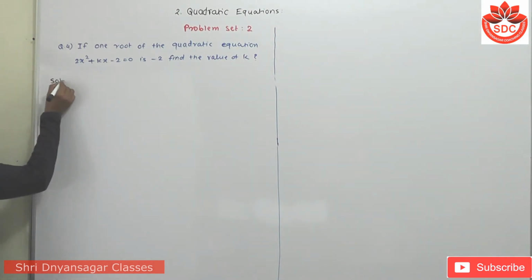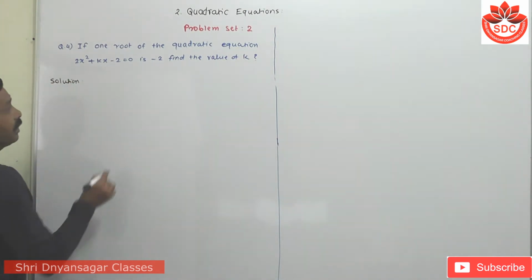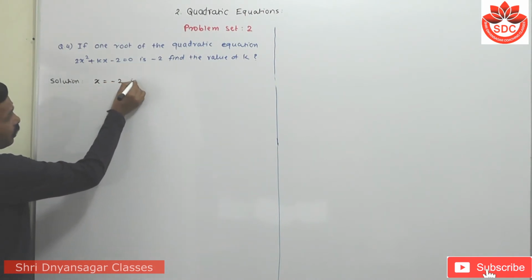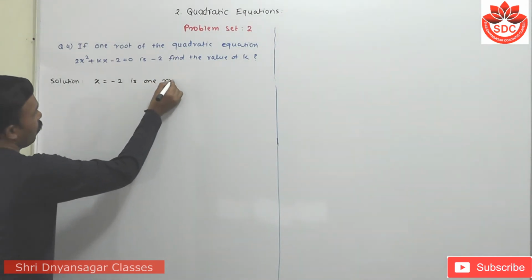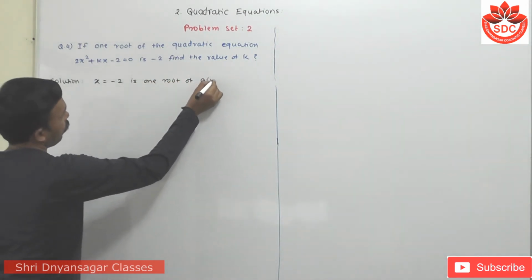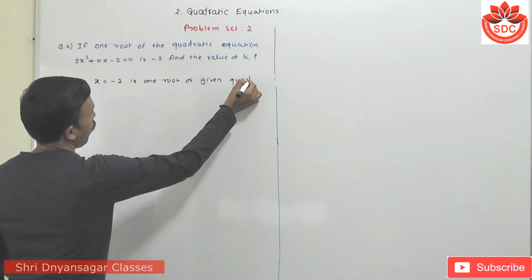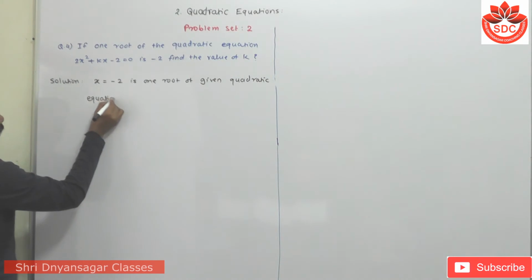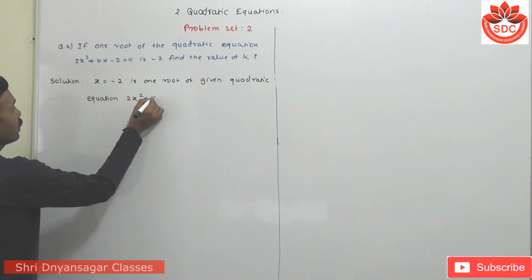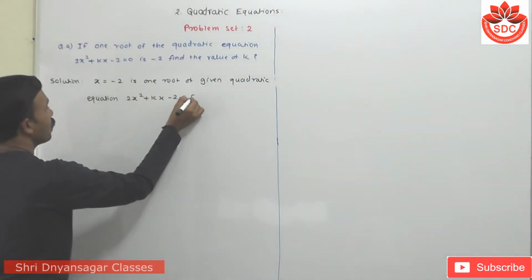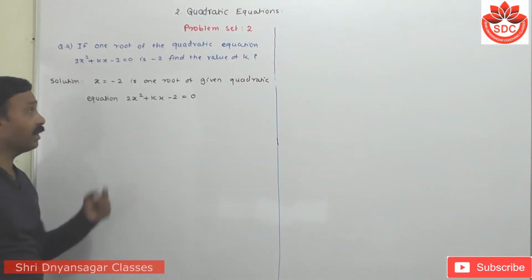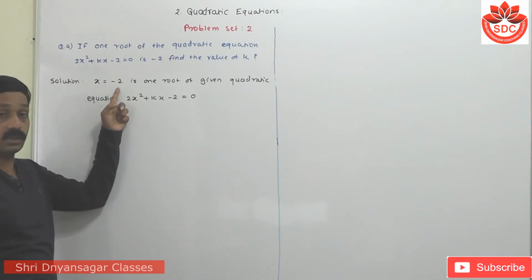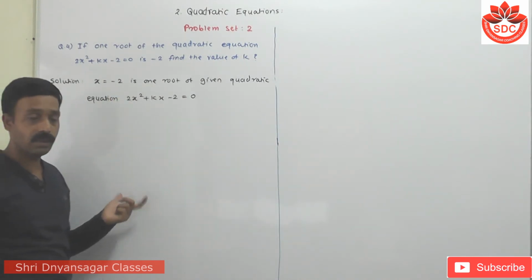So in our solution I write here that x is equal to -2 is one root of the given quadratic equation 2x square plus kx minus 2 is equal to 0. Students, this means that this value satisfies this equation. So we substitute x is equal to -2 into this equation, and we get the value of k.